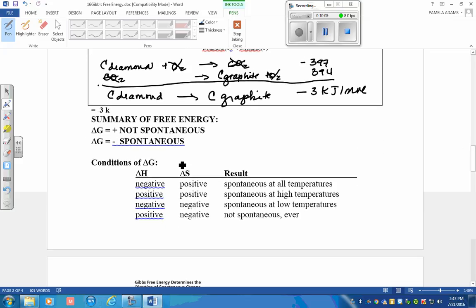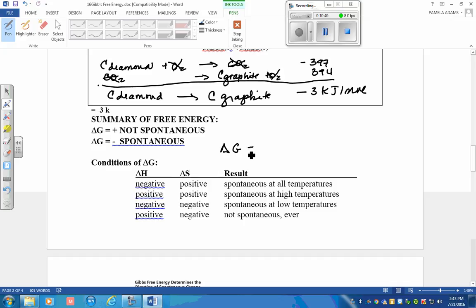Okay, you are going to be asked to estimate the value of delta G given qualitative results of delta H and delta S. You know that delta H is generally spontaneous when it's a negative value, and S is generally spontaneous when it's a positive value.